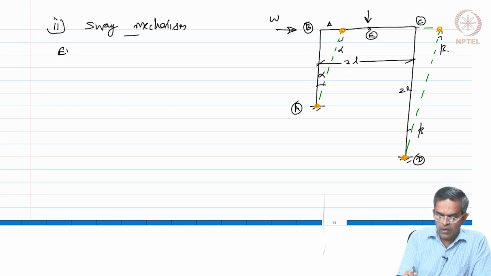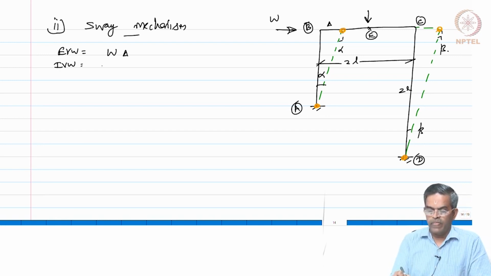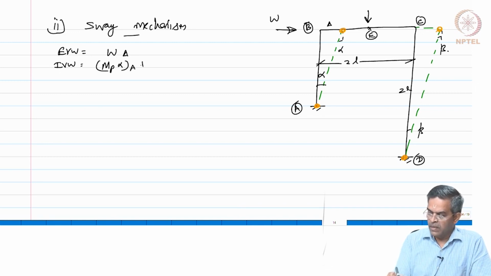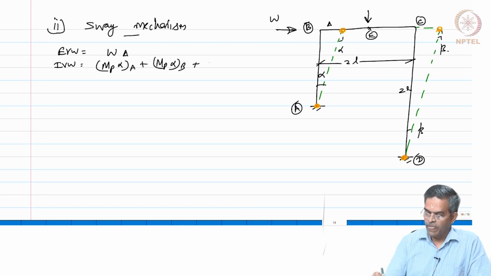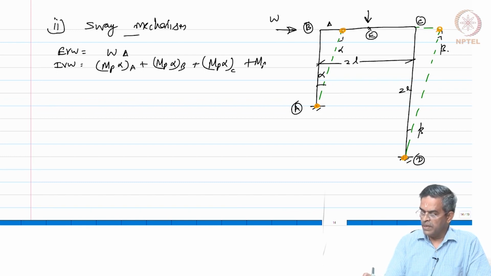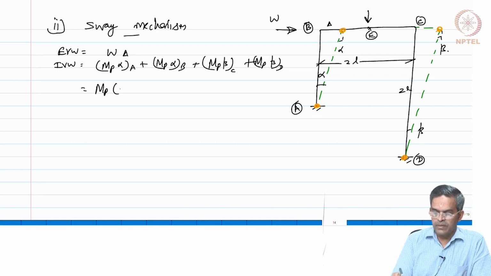Now the external virtual work is going to be equal to W into delta. The internal virtual work is going to be equal to MP into alpha at A, plus MP into alpha at B, plus MP into alpha at C, plus MP into beta at D, which makes MP into 2 alpha plus 2 beta.